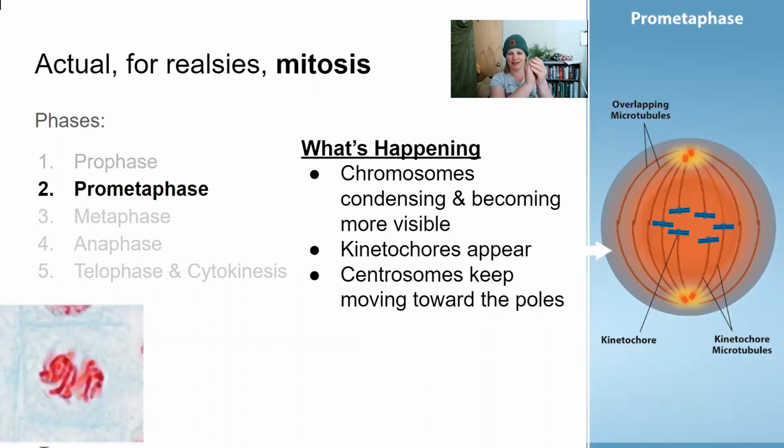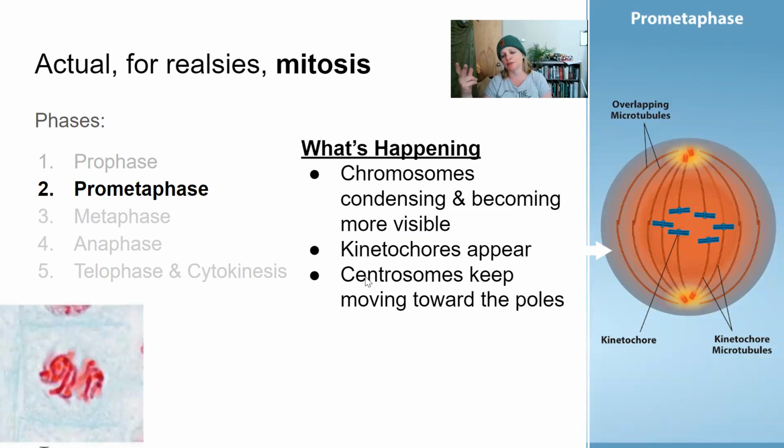And then, so this is kind of in between prophase and metaphase. So if we have prophase, metaphase, and this one's kind of like somewhere like this, what's happening is those chromosomes continue to condense. They become more visible. We see the cytochrome, sorry, I looked up how to pronounce this word and I don't remember how to do it.